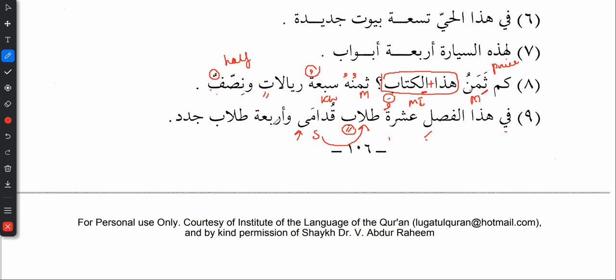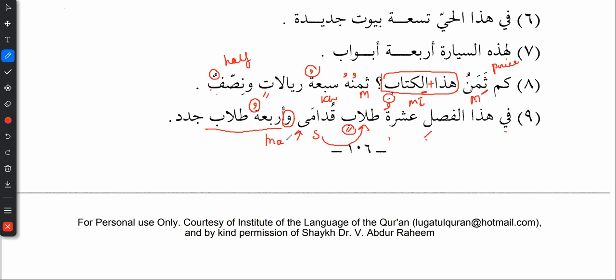وأربعة, now anything after the wow, this is the harf atf. Any noun having the eraab after the harf atf will have the same eraab. If it has a dhamma, it will also have a dhamma after the atf. So this noun is called matuf.